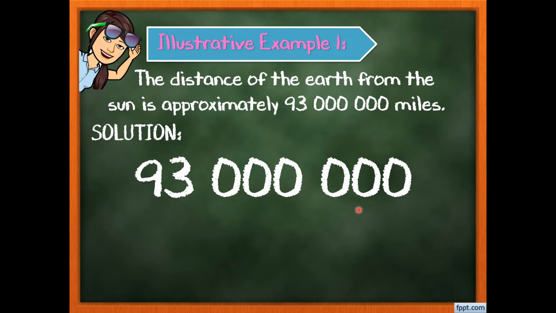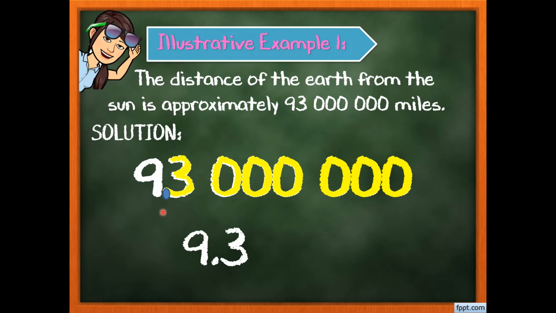You need to move the decimal point to the left. How many places? So 1, 2, 3, 4, 5, 6, 7. So your a is equal to 9.3. It is less than 10.